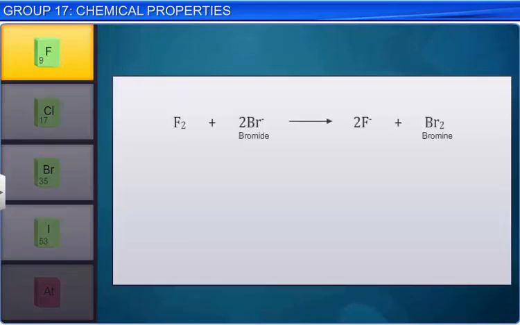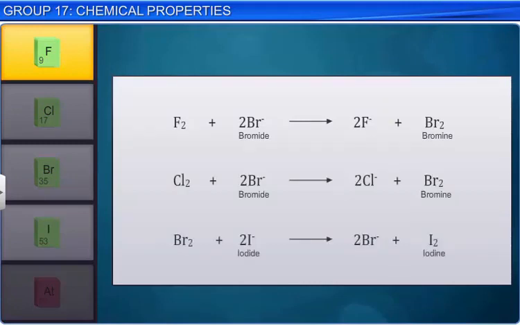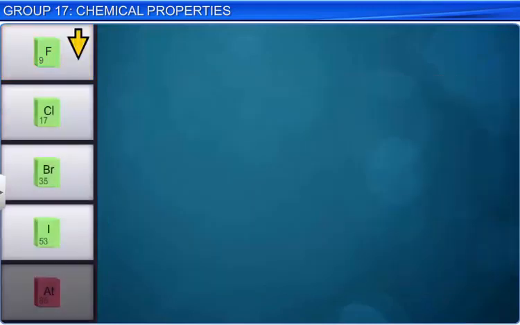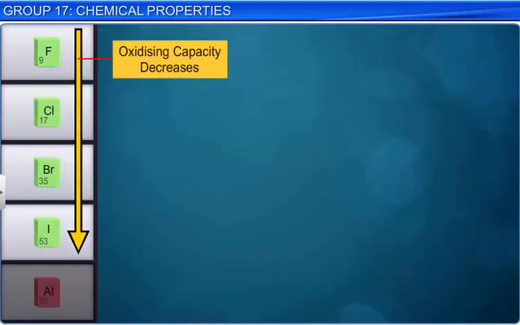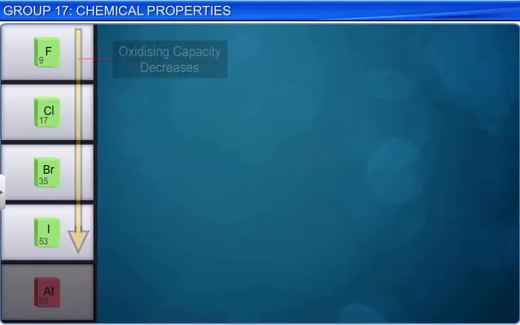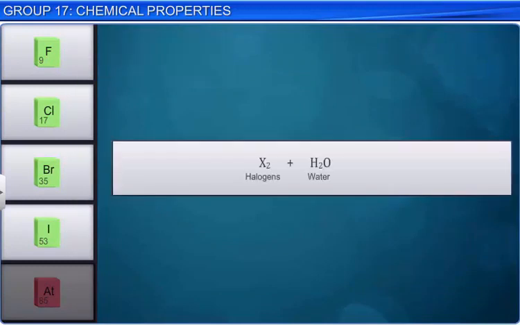Fluorine oxidizes other halide ions. In general, a halogen oxidizes higher halides to their respective halogens, as shown here. You know that the oxidizing capacity of these elements decreases down the group. This is confirmed by their reaction with water.